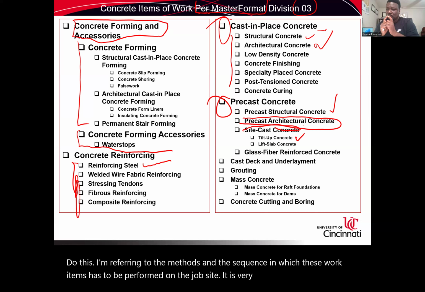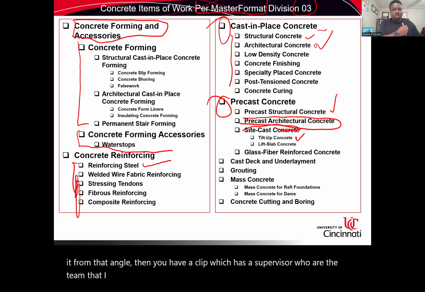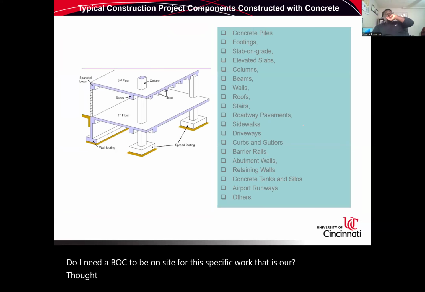If you look at it from that angle, then you have a clear picture as a supervisor. Who are the team that I need and who is to support what, and at what process do I need A, B, or C to be on site for this specific work? That is our thought process here.